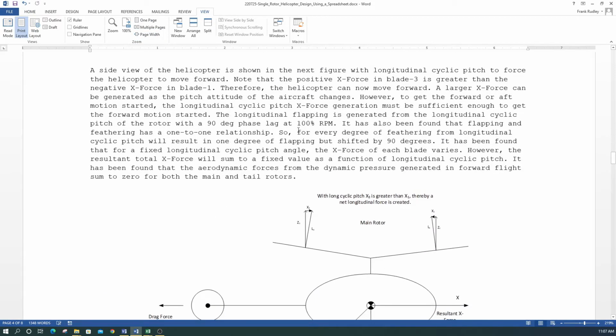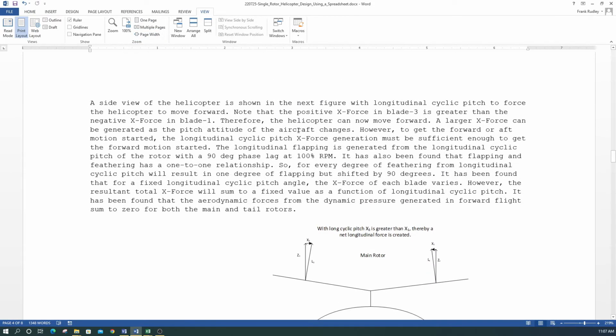So I'm going to read the text up here. It says, a side view of the helicopter is shown in the next figure with longitudinal cyclic pitch to force the helicopter to move forward. Note that the positive X force in blade 3 is greater than the negative X force in blade 1.